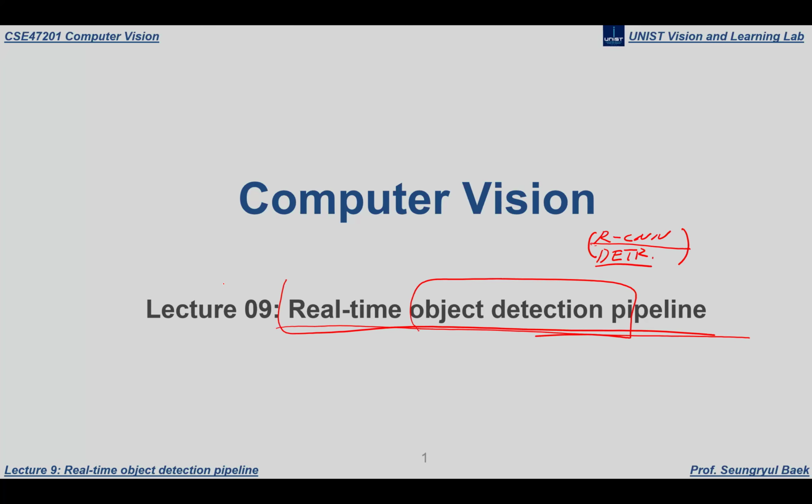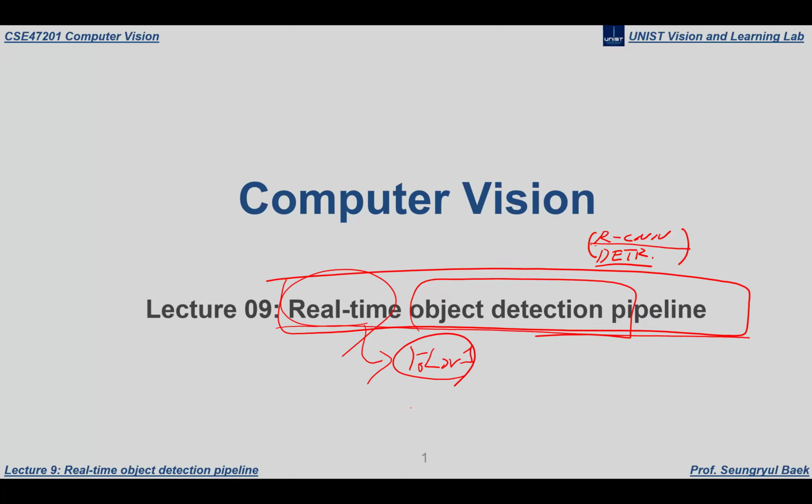In this lecture, we will learn about the real-time object detection pipeline. I mean, YOLO version 1, which we have learned, is already real-time. Here we will review how the advanced versions of YOLO, version 2 and 3, improved from YOLO version 1.